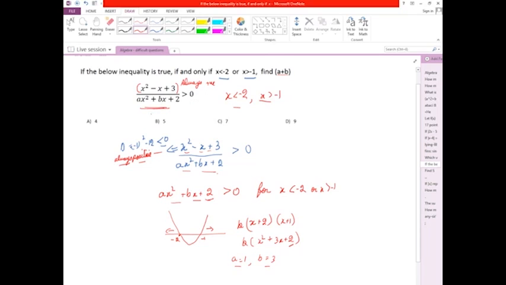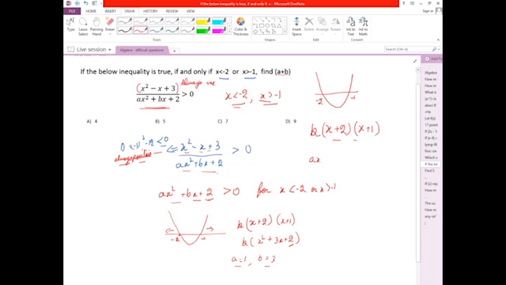The bottom expression is a quadratic expression which has to be positive for x less than minus 2 and x greater than minus 1. So the bottom expression has to have a graph of this sort, with minus 2 and minus 1 being the points at which it crosses the axis. That led us to the equation that it must have x plus 2 and x plus 1 as factors, right? But it can be multiplied with a constant and it will still have the same roots.